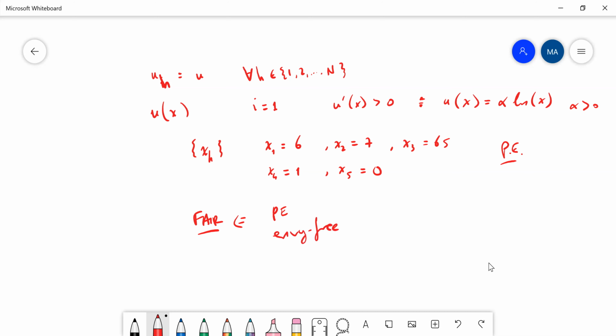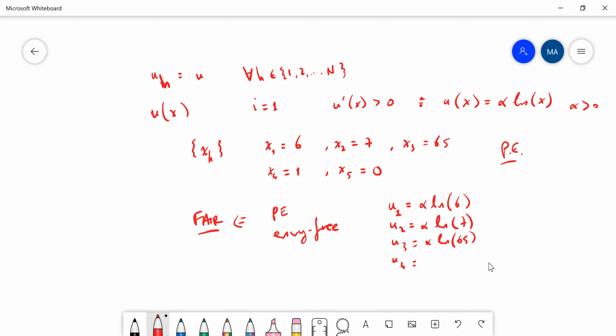And for envy-freeness, we need that. First consumer has 6 units, right? So U1 is equal to alpha ln 6. U2 is equal to alpha ln 7. U3 is alpha ln 65.